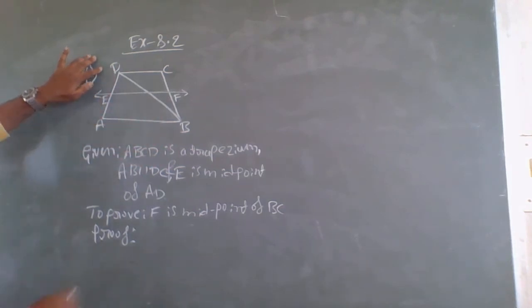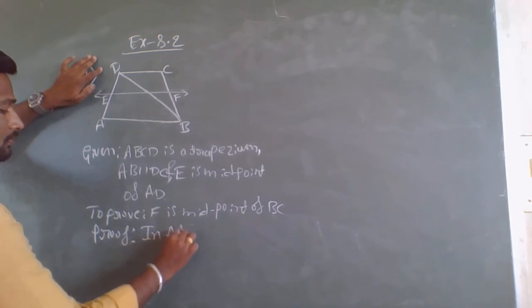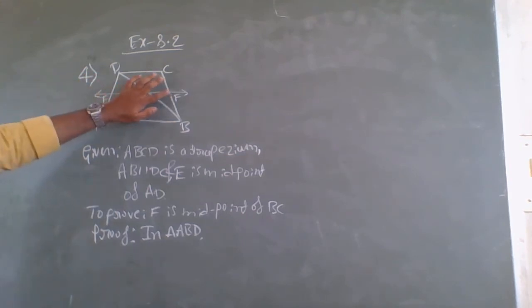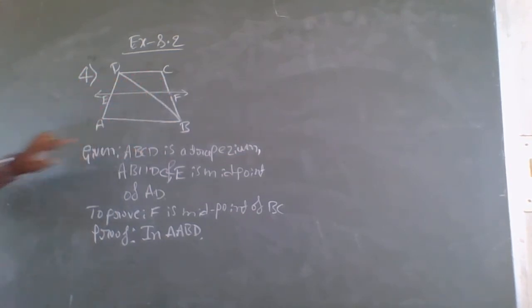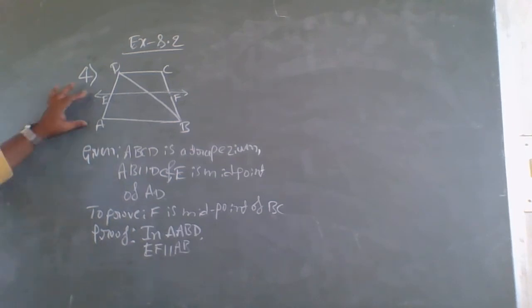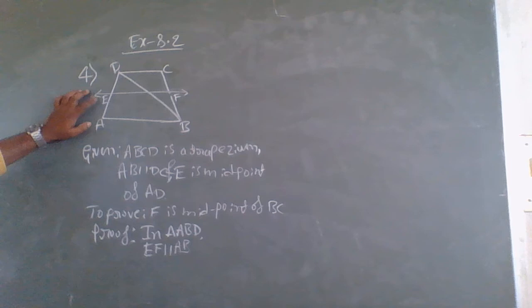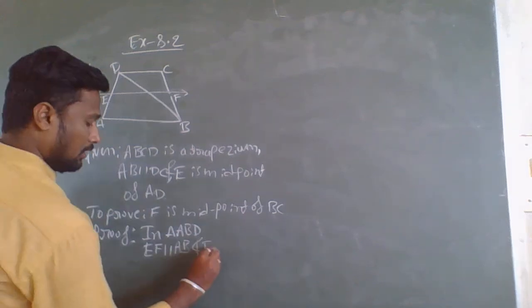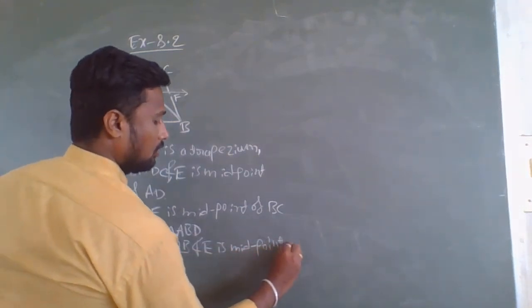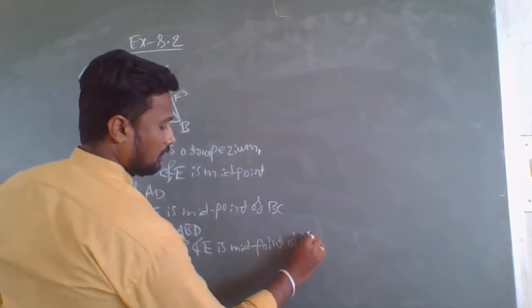In triangle ABD, EF is parallel to AB. They have given that EF is parallel to AB, and E is the midpoint of AD.